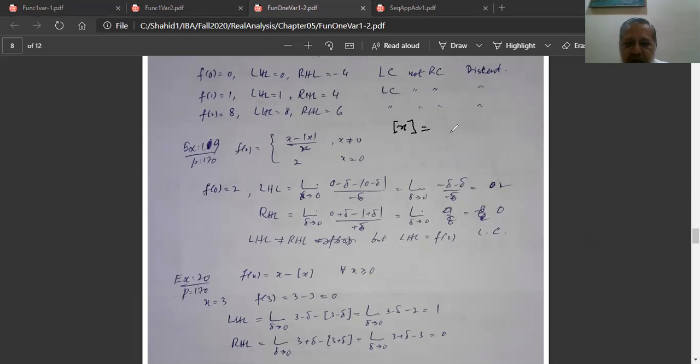This bracket x function, it takes on values like this: 0 when x is 0 to 1, takes on value 2 when x is 1 to 2, 1 inclusive, 2 not inclusive, minus 1 when x is minus 1 inclusive, 0 not inclusive.